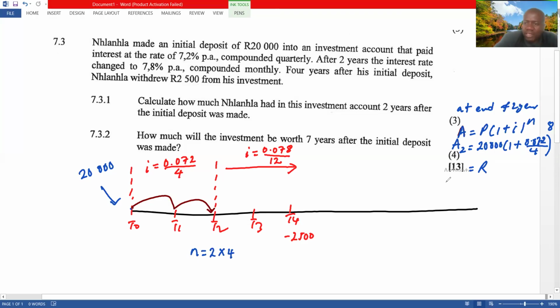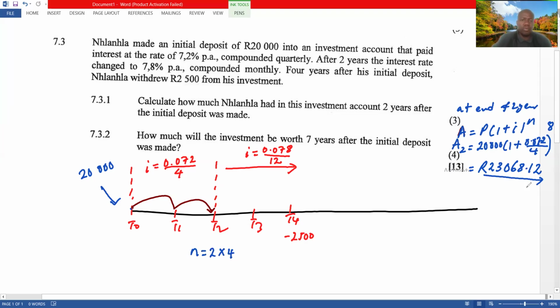So at the end of 2 years, he will be having 23,068 rand and 12 cents. So this is the amount that Nhlanhla will have in his investment account at the end of 2 years.